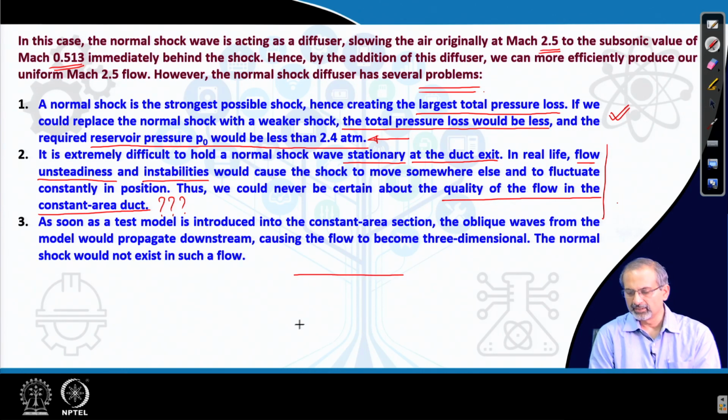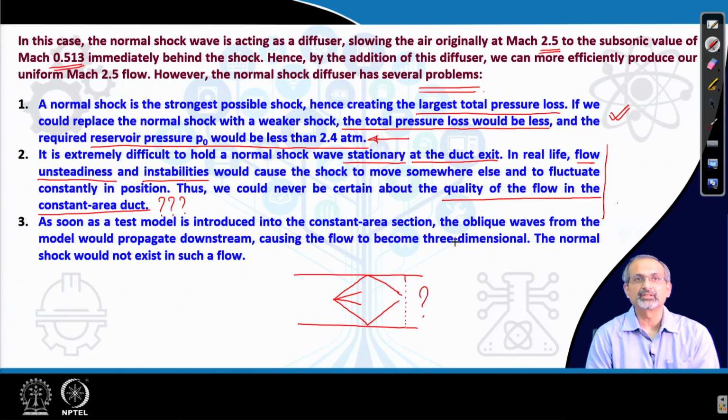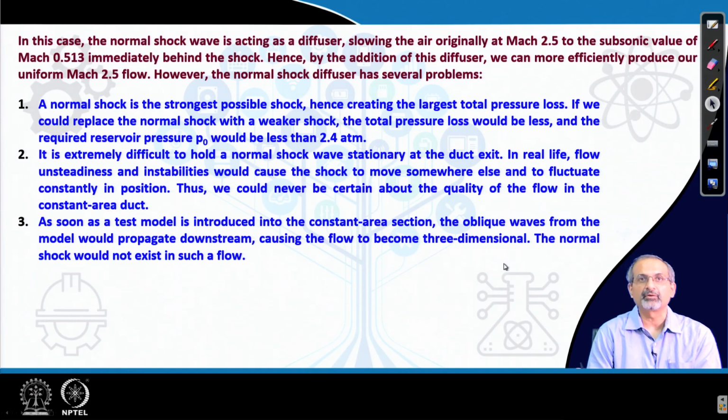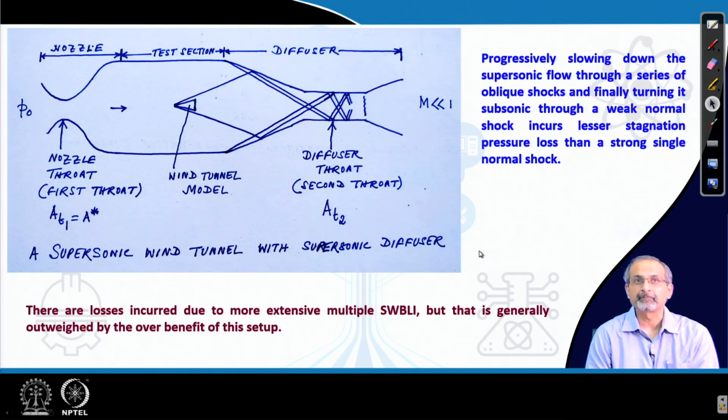So, the moment you put the wedge model here, the wedge model generates oblique shocks, the shocks reflect from the wall and they make the flow very much 2 dimensional, or in the case of a cone further 3 dimensional, while the normal shock typically exists in a 1 dimensional flow. So, there is a big question whether the normal shock will occur at all, probably not. So, it does not seem to be a very practical solution anyway.